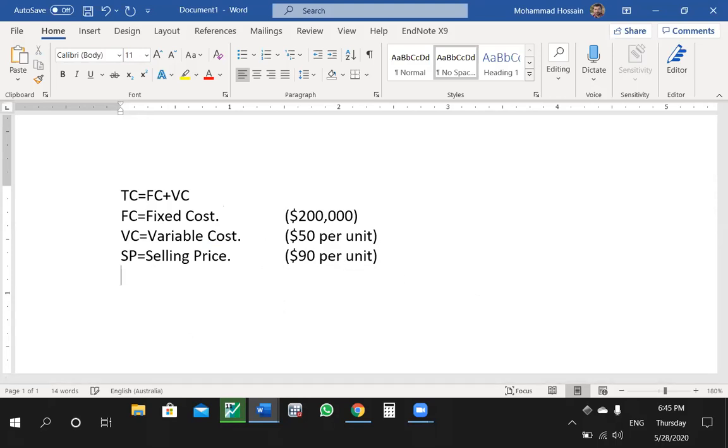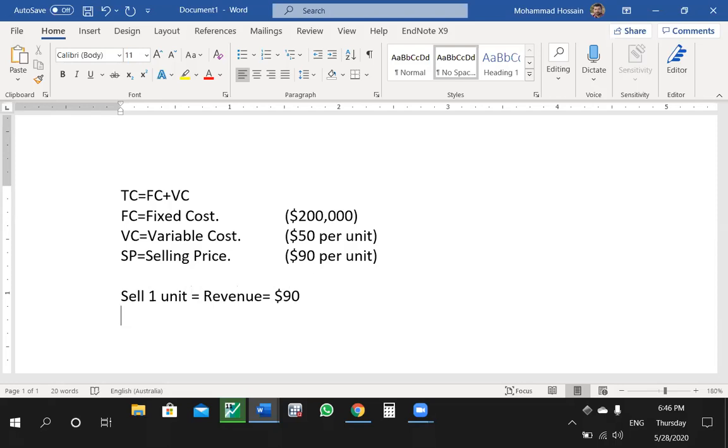So now you see, when you make a sale of one item, how much profit do you make? If you sell one unit, how much revenue are you going to get? You're going to get a revenue of $90. How much is the cost here?